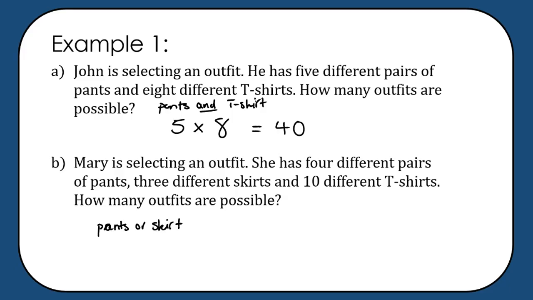So that's going to be her first choice, and then she's also going to wear a t-shirt. There are 4 different pairs of pants and 3 different skirts, so "or" means we're going to add. She's got 7 different options for her bottom half, and she's also going to wear a t-shirt. So there are 10 different t-shirts she could wear. So 7 different bottoms and 10 different tops, and therefore she has 70 different outfit choices.